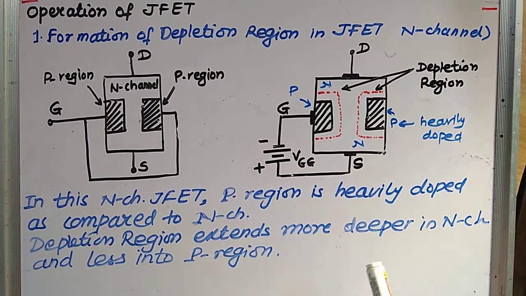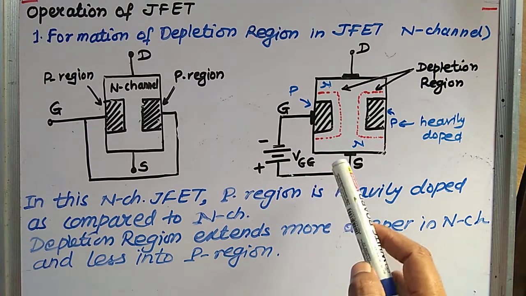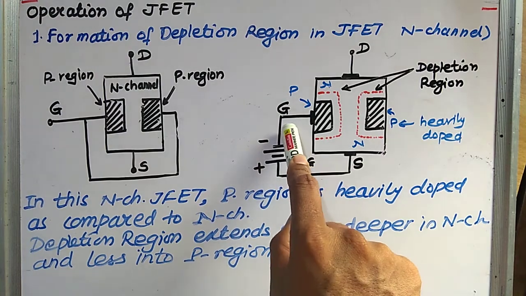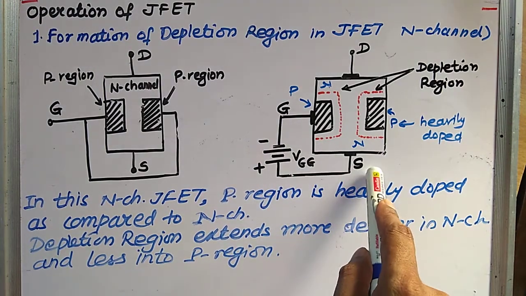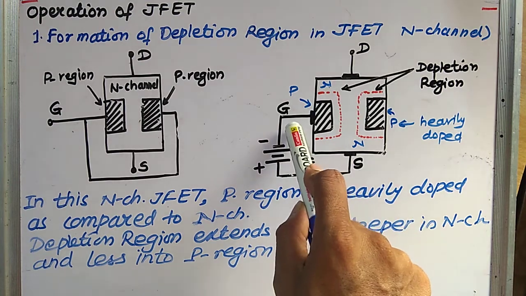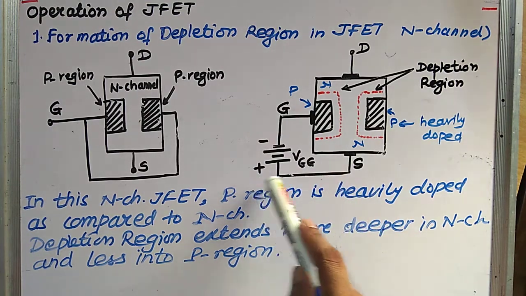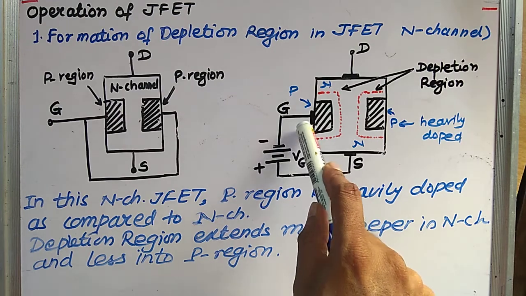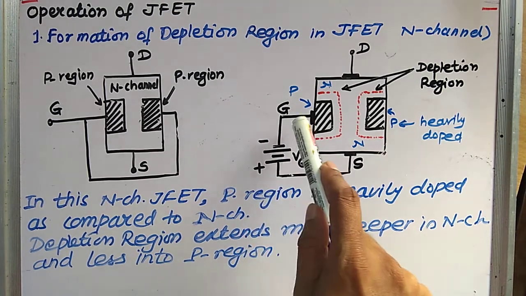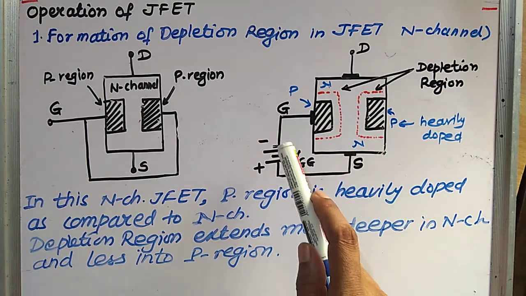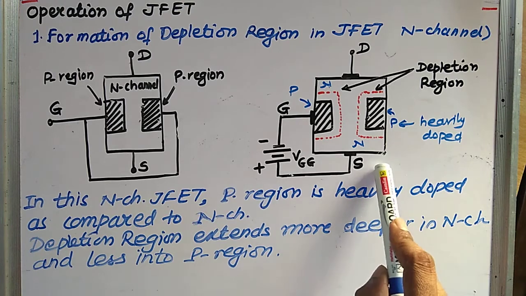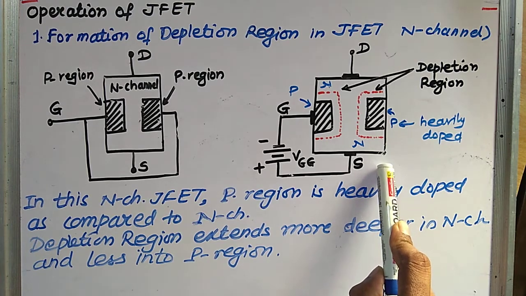Now let us consider one situation where we have applied the reverse bias between the gate and source terminals of the N channel JFET. So we have applied the positive terminal to the source and the negative terminal to the gate. Gate is P-type, negative terminal is connected, so it is reverse bias. For proper operation of the N channel JFET, the gate to the source must be reverse biased.